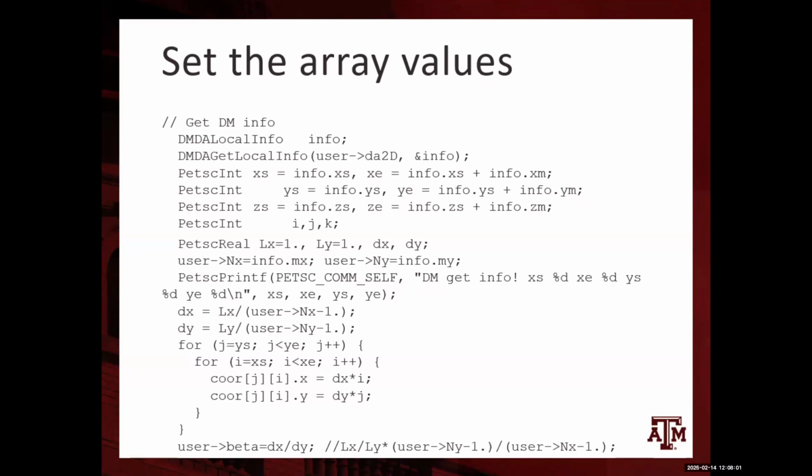And note that if you do not use YS and YE, you're going to get a segmentation fault. Because if you, for example, you're on this one and you're setting XS as 40, you're going to get, oh, this one doesn't exist on this one. That's why you have to use this info, and it makes things very easy.